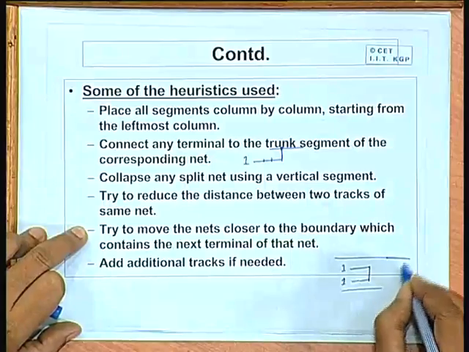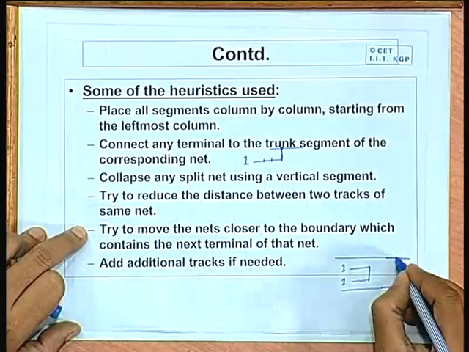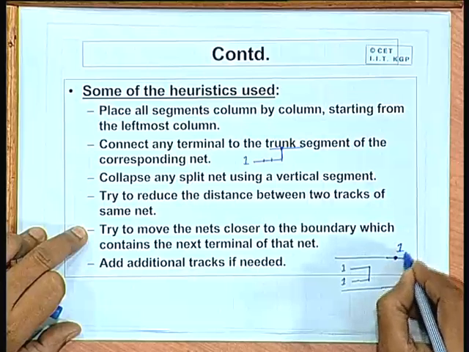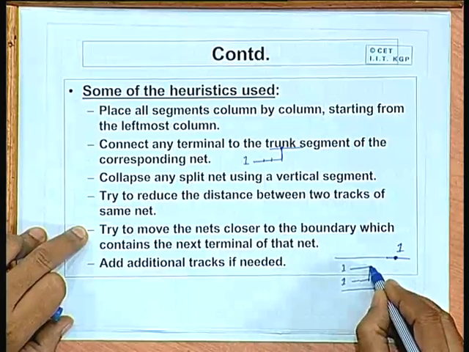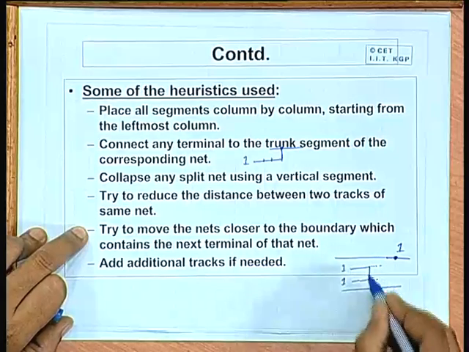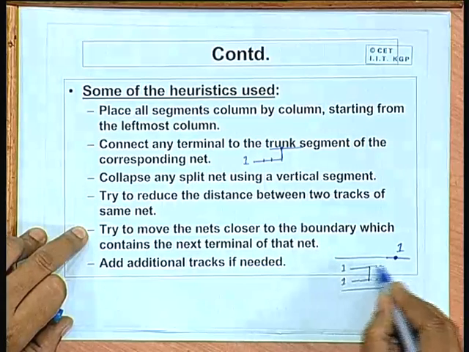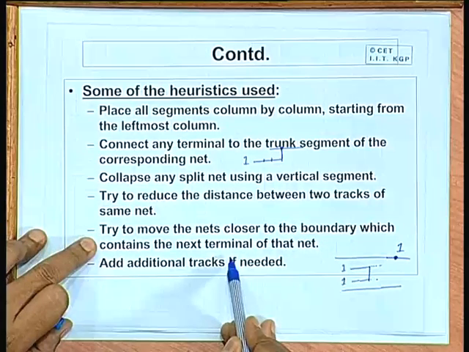And the next heuristic says that say these two you have merged, fine, but you have another terminal for net 1 sometime later. So you have a choice, you can either proceed with the net from here or from here. So which track will we use to extend net 1? This says you try to move the nets closer to the boundary which contains the next terminal.